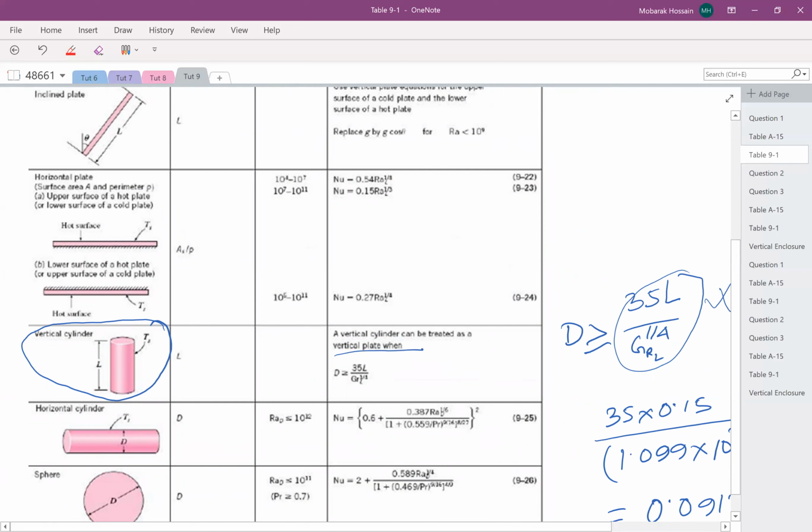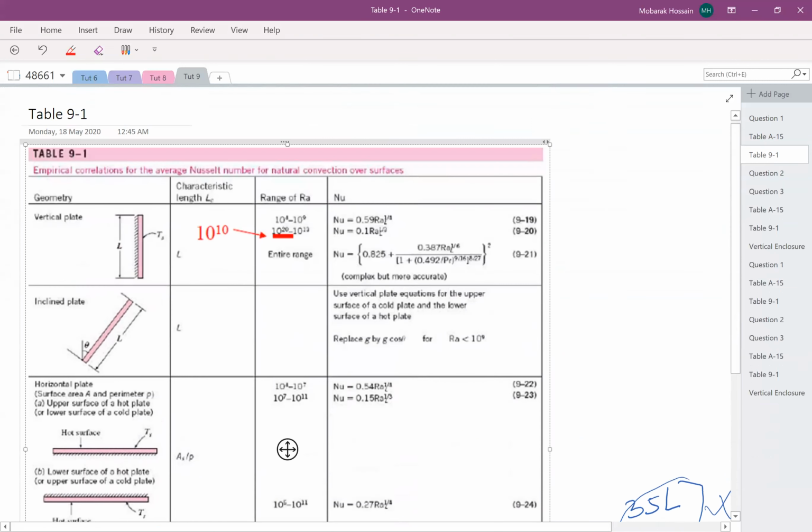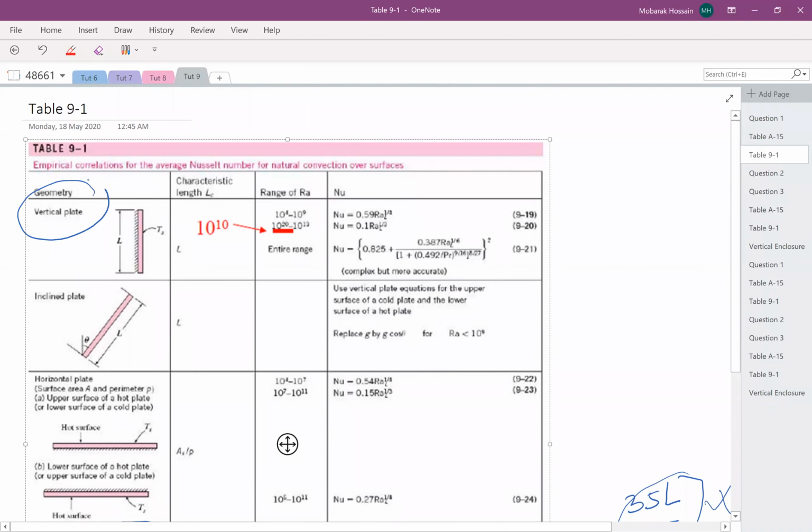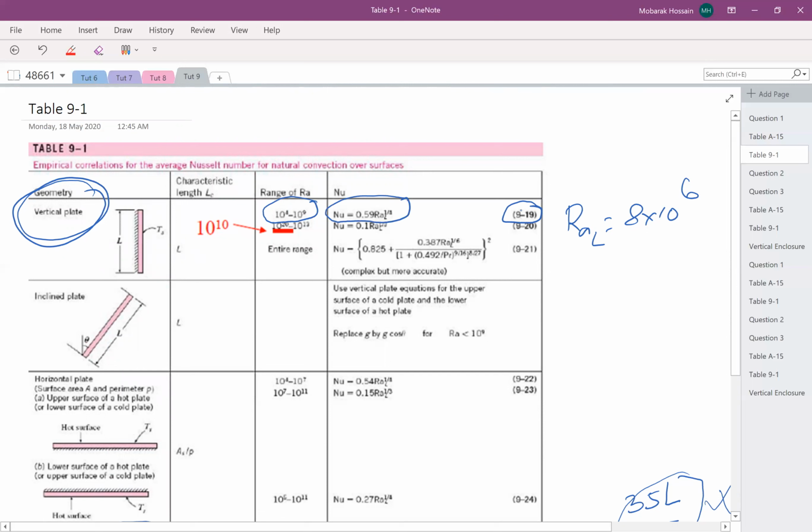Now in the vertical plate formula, our Rayleigh number is 8 times 10 to the power positive 6. So between this range, the first range, we will use equation number 9.19 for the Nusselt number. So based on our Rayleigh number, we'll use this formula to calculate the Nusselt number.